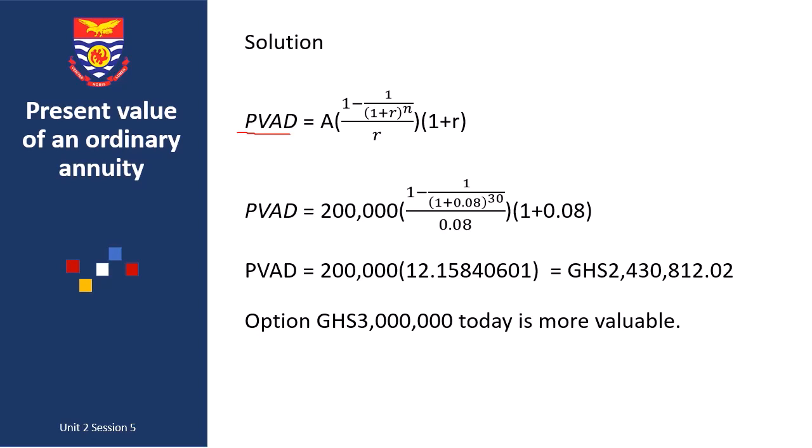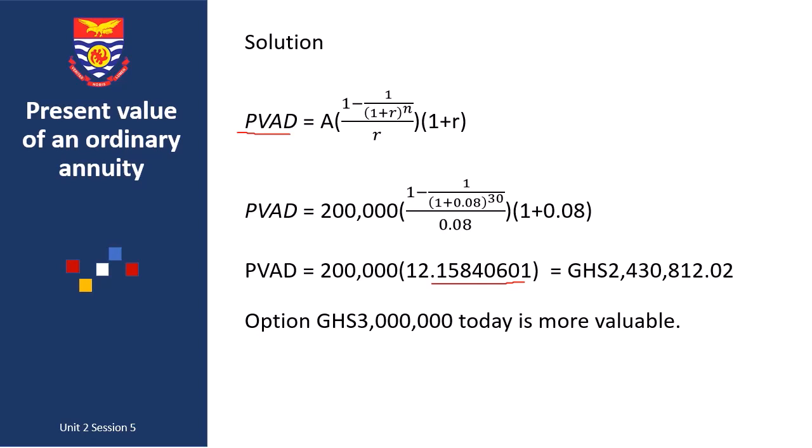Okay, so 200,000 by 12.15, we are going to get 2,430,812.